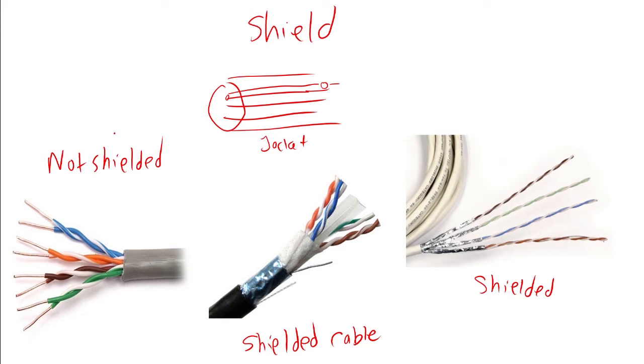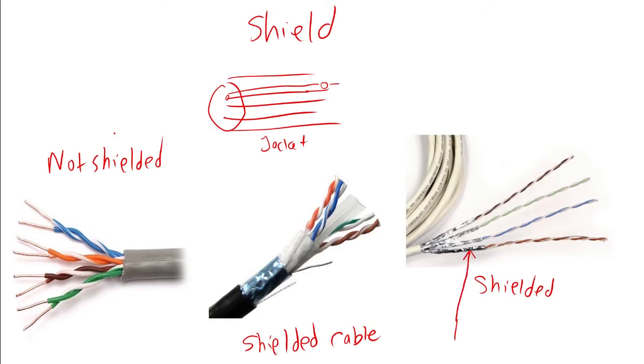So on the left we have a cable that's not shielded, and in the middle we have a cable where the entire core is shielded but the individual wires are not. And then on the right we have a cable where each individual pair is shielded. And we can have a situation where we have a shield for each wire pair and then another shield for the entire cable.